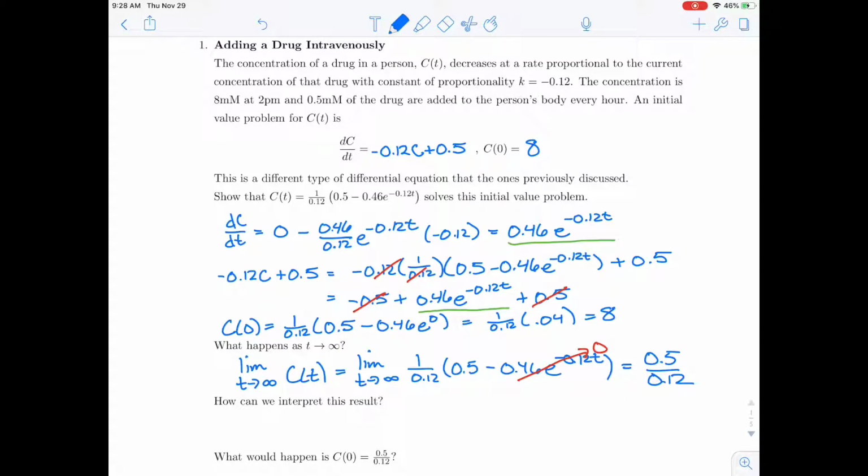So what happens as t goes to infinity? Well, the concentration no longer goes to 0 like it did in our previous problem, but instead the concentration is going to a finite number.